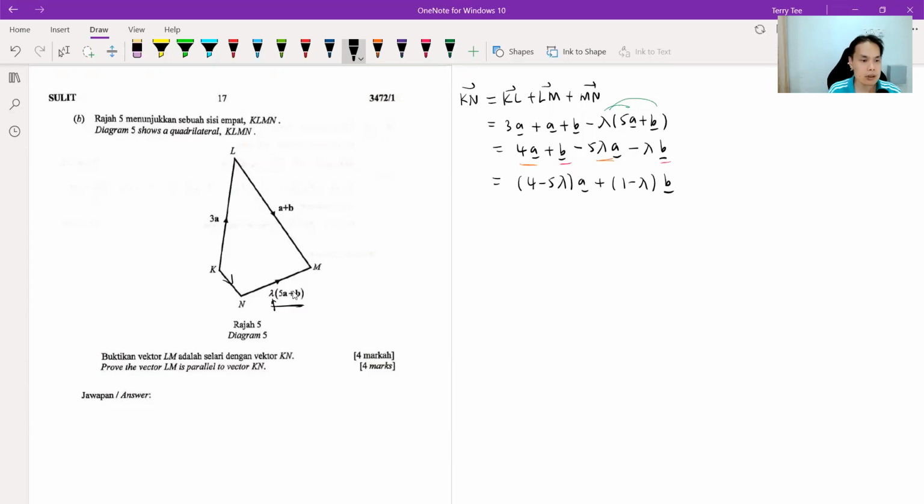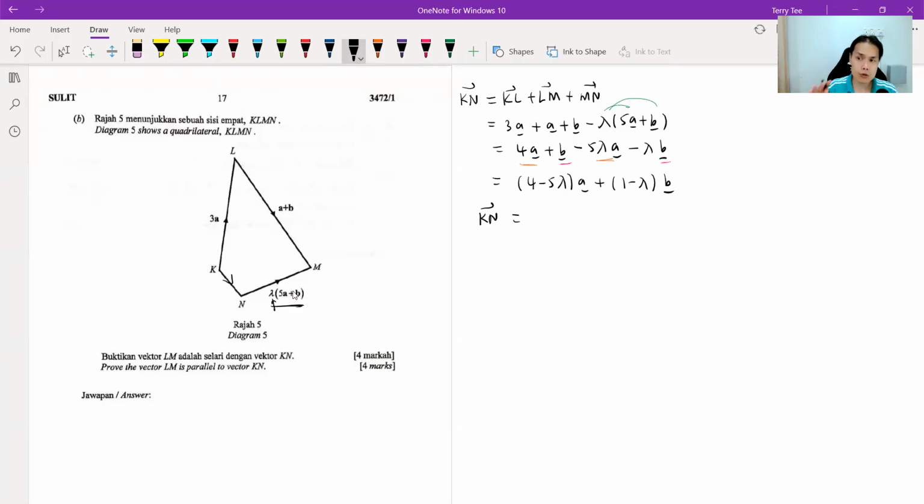All right, now to prove that LM is parallel to KN, you can say LM is a multiple of KN, or you can do the other way around. Maybe I should put KN first because I don't have to multiply another multiple inside.